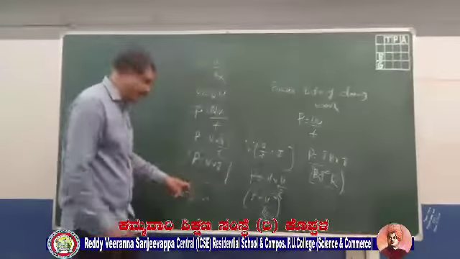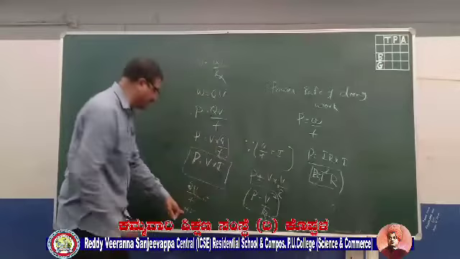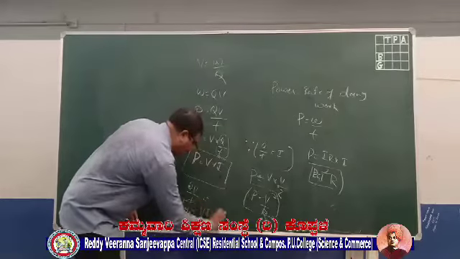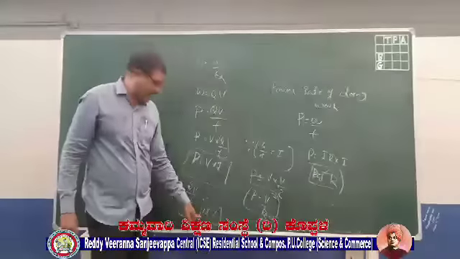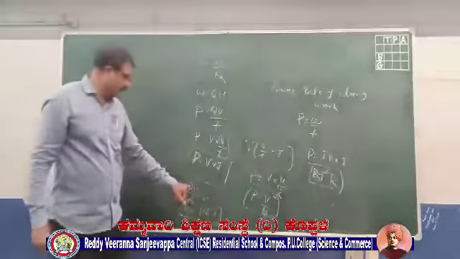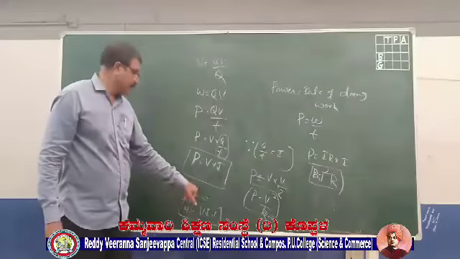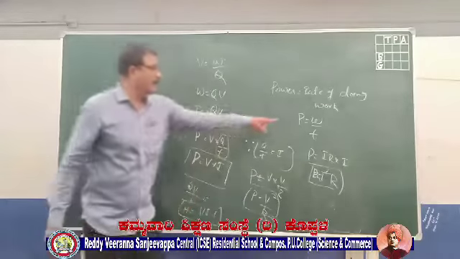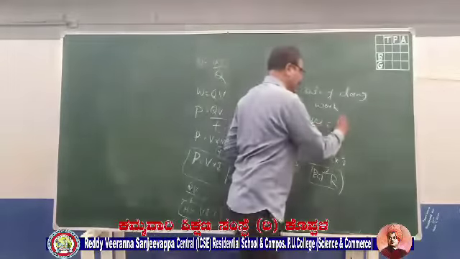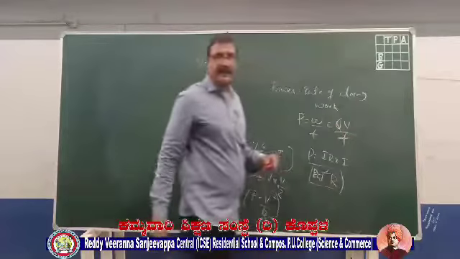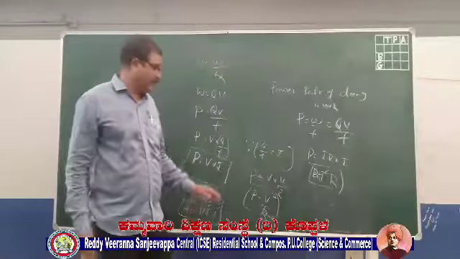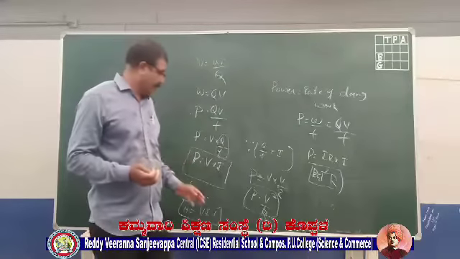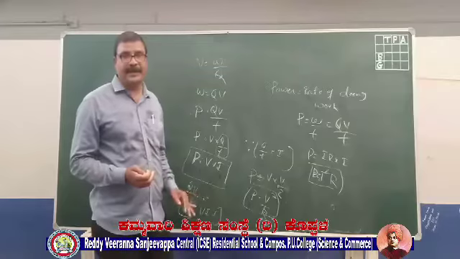QV is nothing but the work done, therefore the heat dissipated is nothing but VI into T. Therefore the heat energy dissipated will be equal to VIT, because what is QV by T? QV is nothing but the work done. This work done, what have I changed? Work done by T I have written, because power is equal to work done by T, or else I can once again write it as QV by T. In our electrical energy here, we can change the equation a number of times according to our convenience. This is the heat energy dissipated.